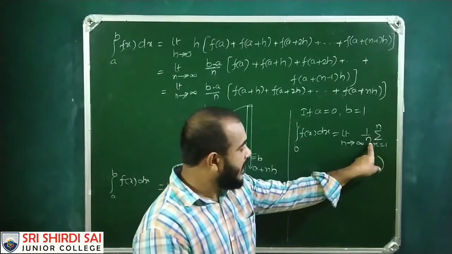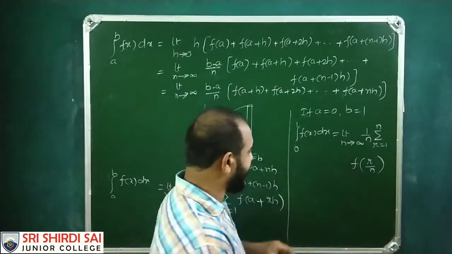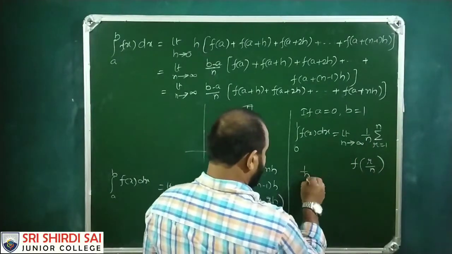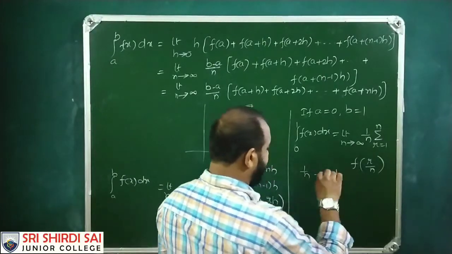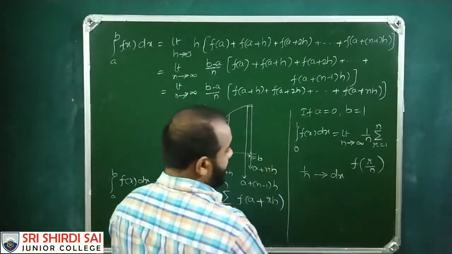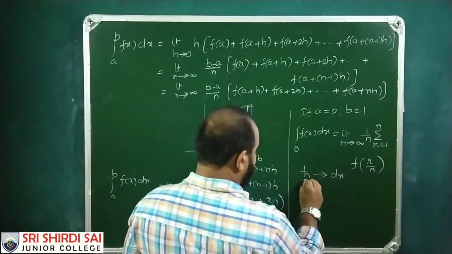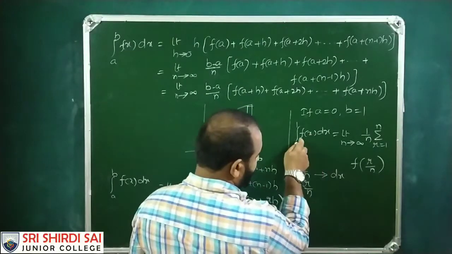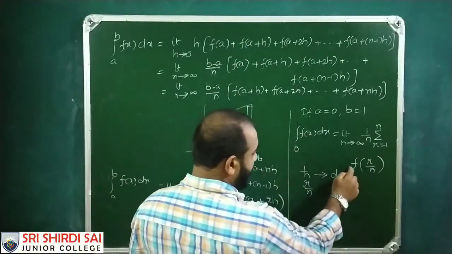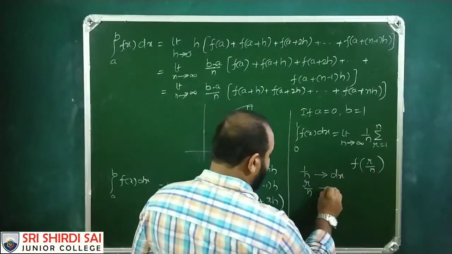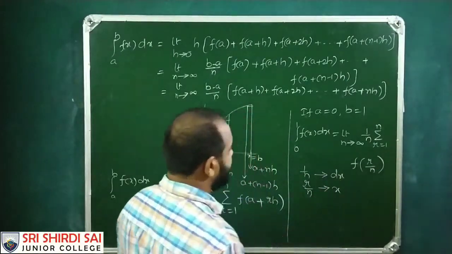So 1 by n is comparable with dx. And see this r by n: because this is a function of x, here a function of r by n, so r by n is nothing but x.